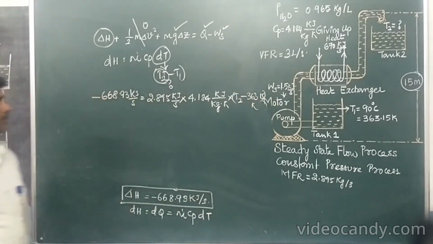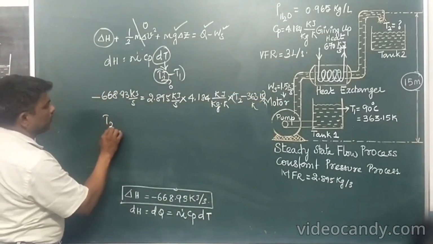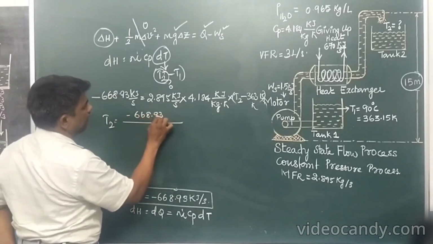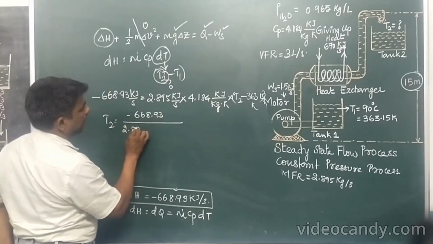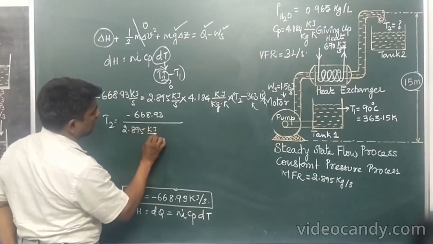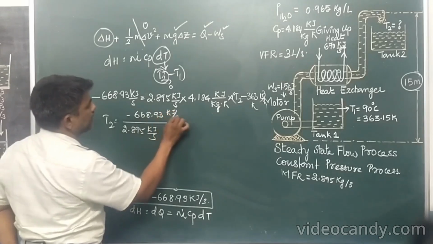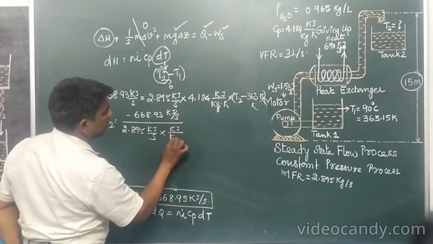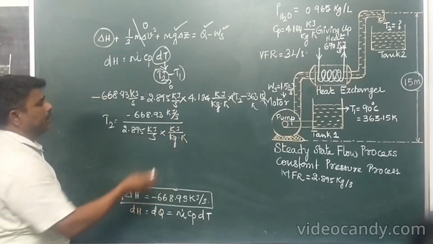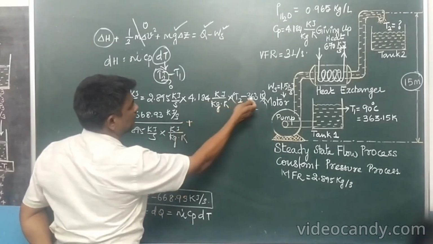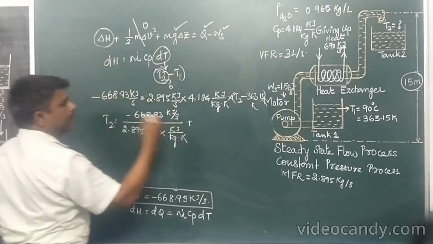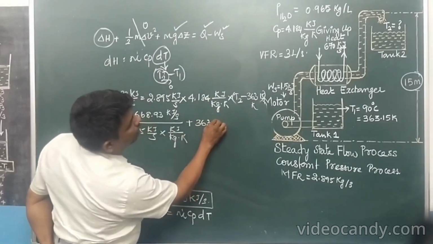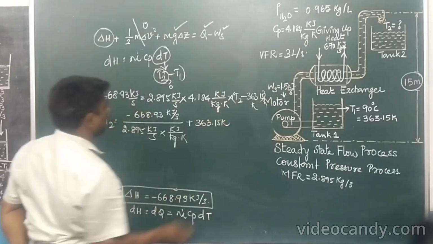So T2 is equal to minus 668.93 divided by 2.895 into 4.184, and this term, when it comes to this side, will be plus 363.15 degree Kelvin.